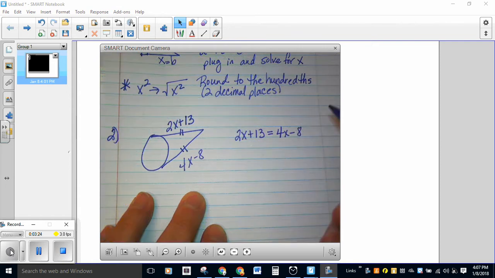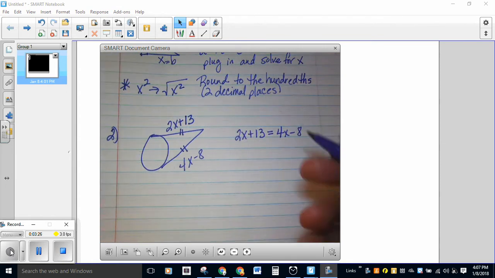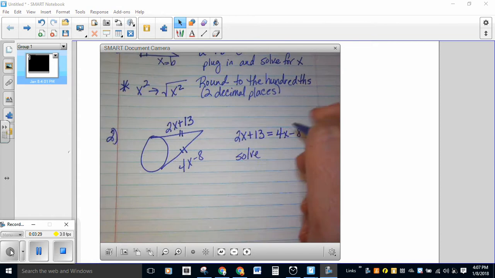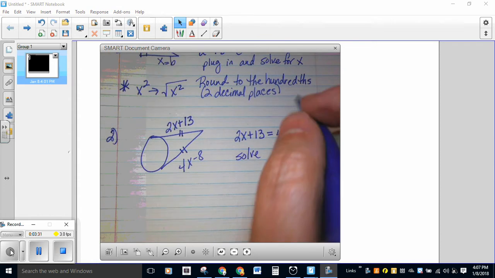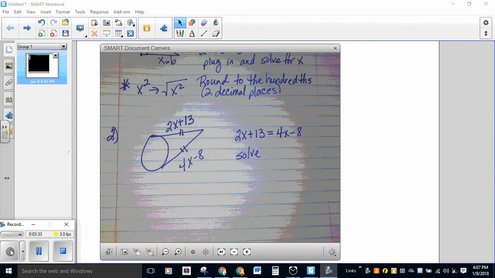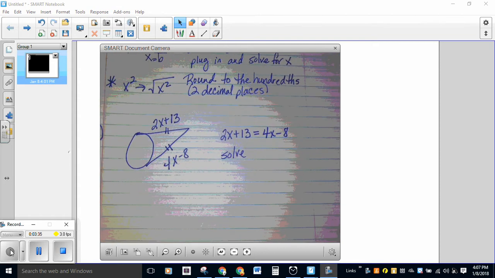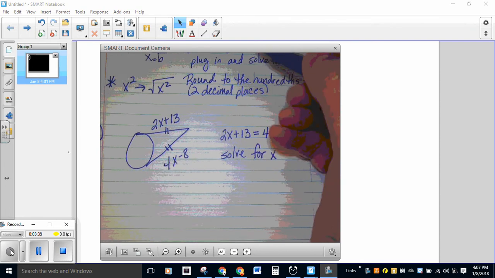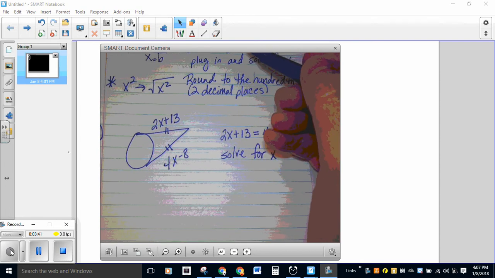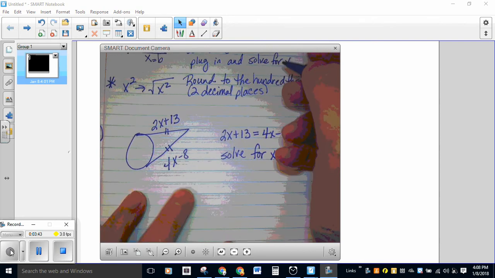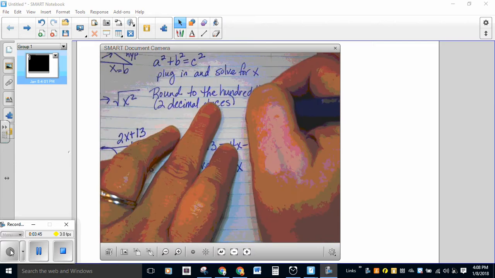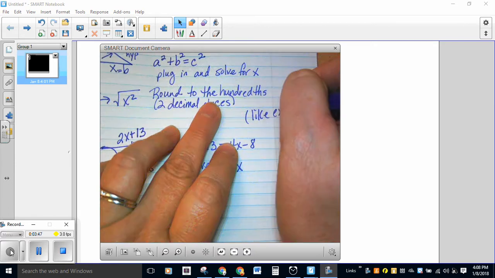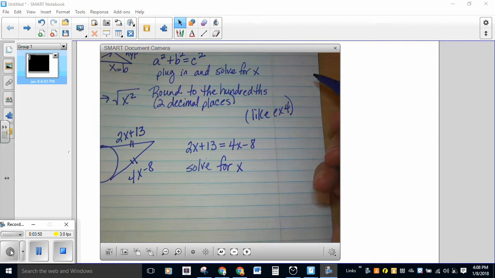And as I told several people today, if you are still having problems on solving equations, then you need to either come in to get some extra help, or you need to let me set you up some stuff online that you can do. All right, so the first problem was like exercises 4, 5 and 6, but mostly 4.